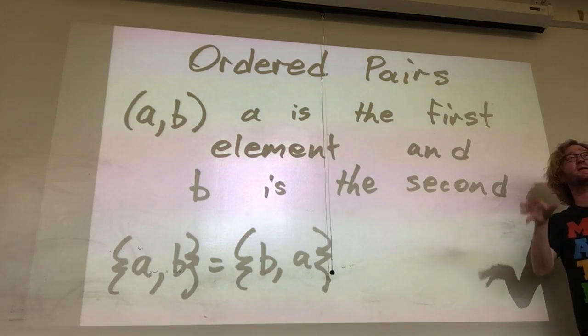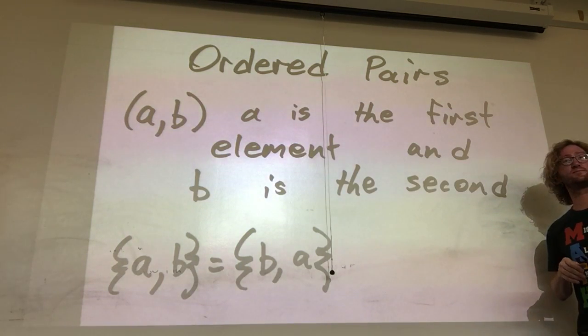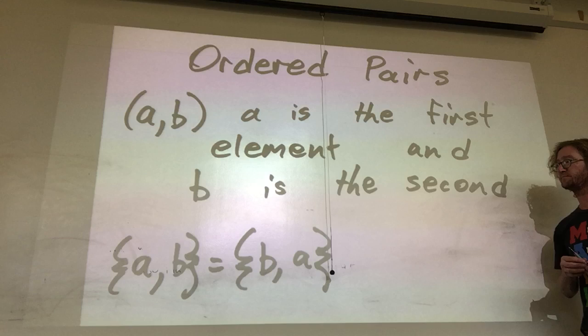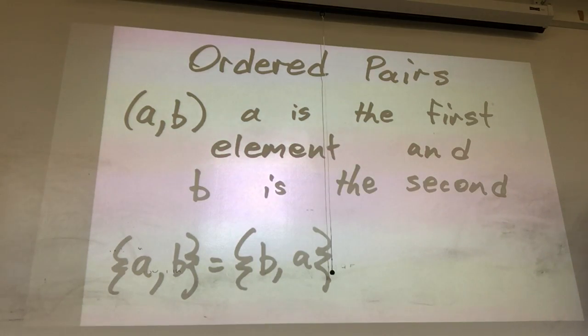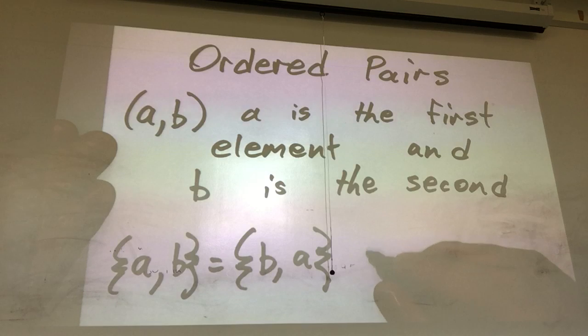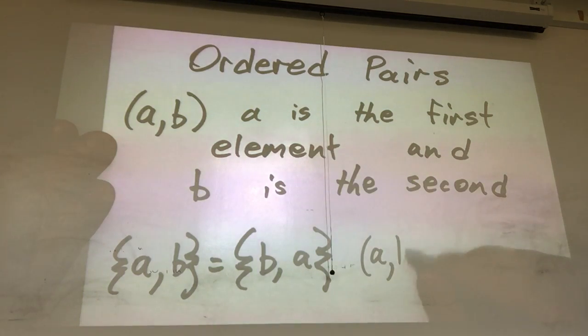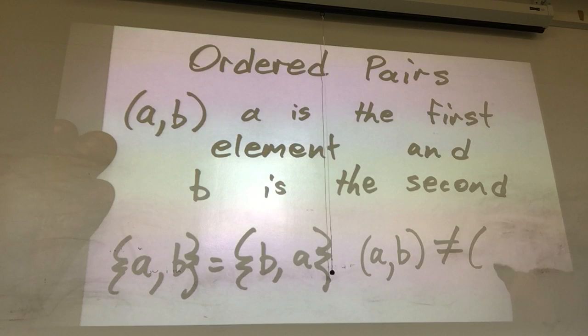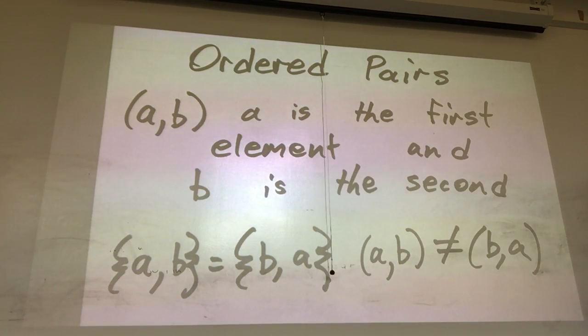It's just element A and element B. But with ordered pairs, AB does not equal BA as long as B and A are different.